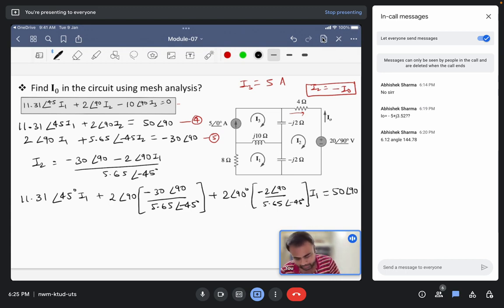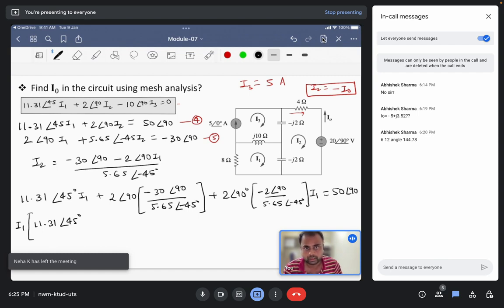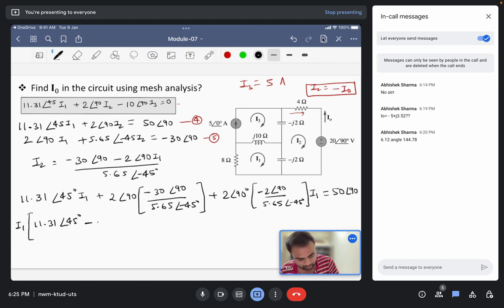So let us again take the I1 terms in the LHS side. So this will be 11.31, angle is 45 degree, and the other part here is minus, so let us take it as it is, plus 2 angle 90 times minus 2 angle 90 divided by 5.65 angle minus 45 degrees.